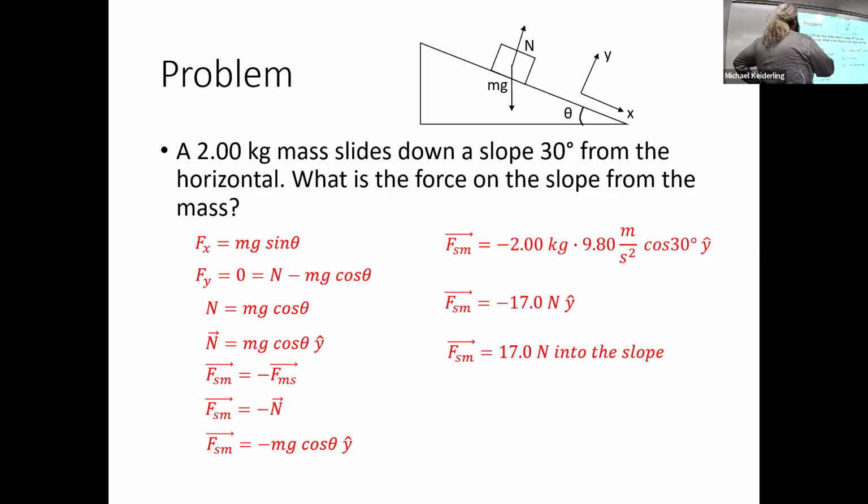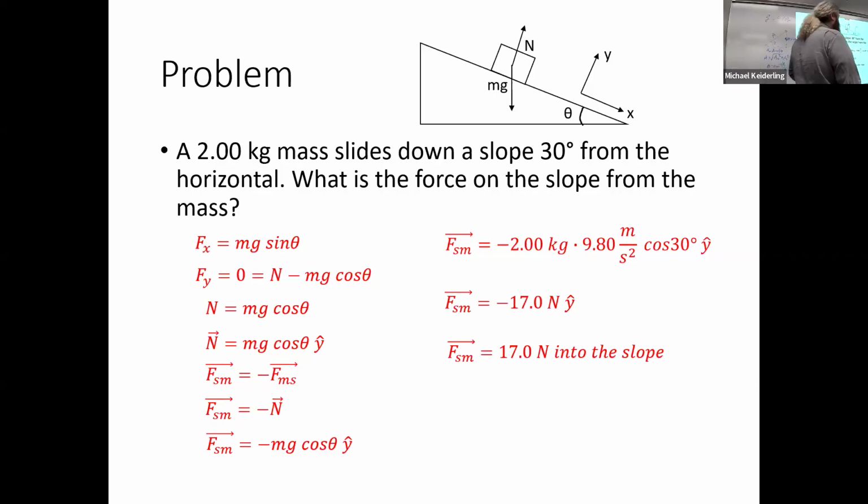Well, the force in the x direction is mg sine theta, from the component of mg, gravity pulling down the slope. And the force in the y direction equals 0, because it is neither going into or out of the slope. And that is the normal force minus mg cosine theta.